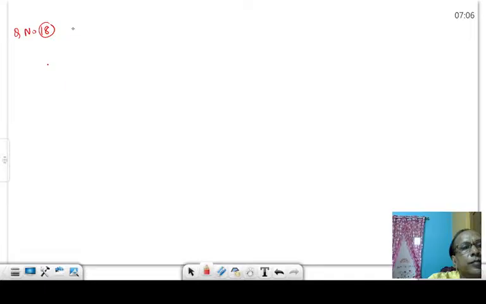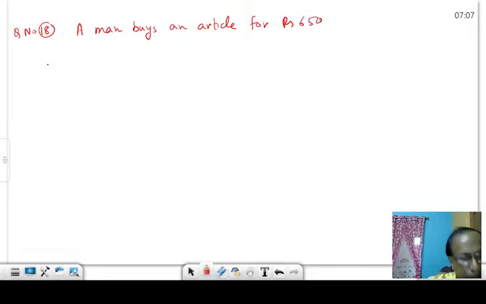A man buys an article for rupees 650 and sells it to B at a profit of 20%.